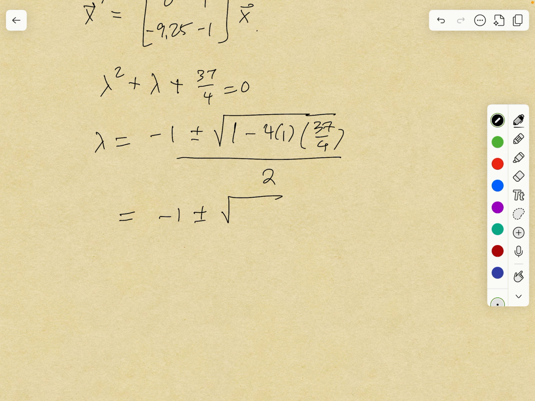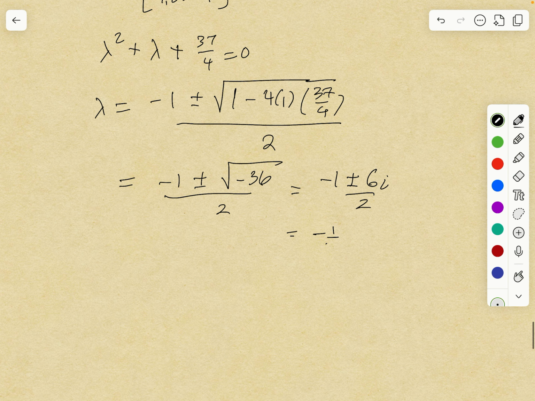So it's negative 1 plus or minus the square root of negative 36 over 2, and that is negative 1 plus or minus 6i over 2. So I can write this as negative 1/2 plus or minus 3i. So we're going to have this matrix where your a is going to be negative 1/2 and your b is going to be 3.